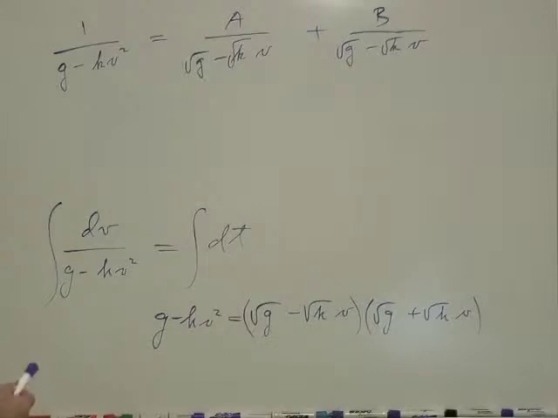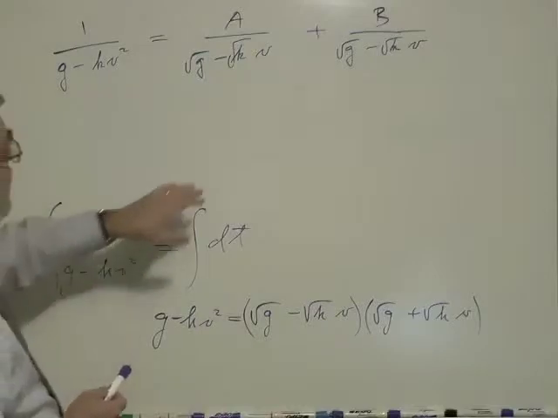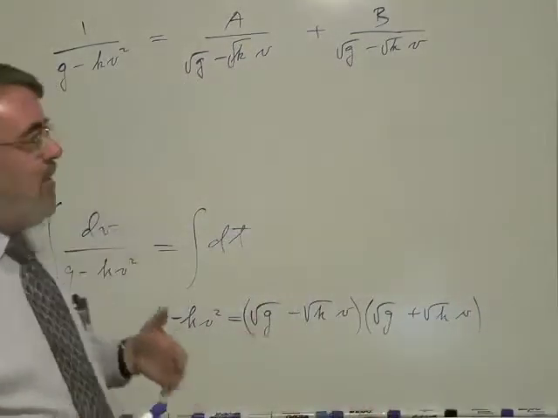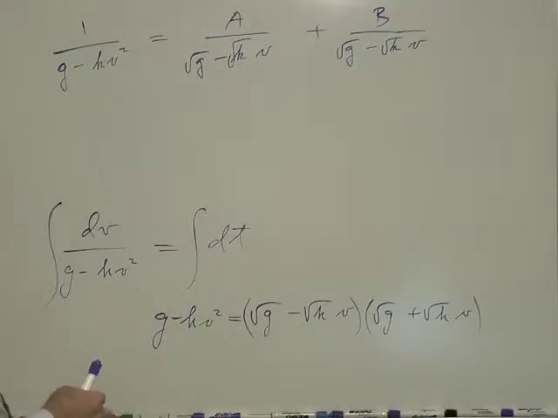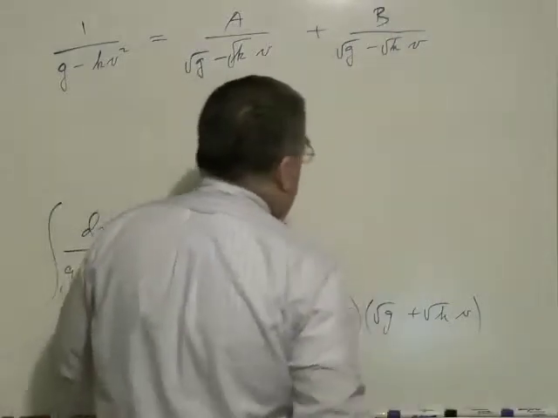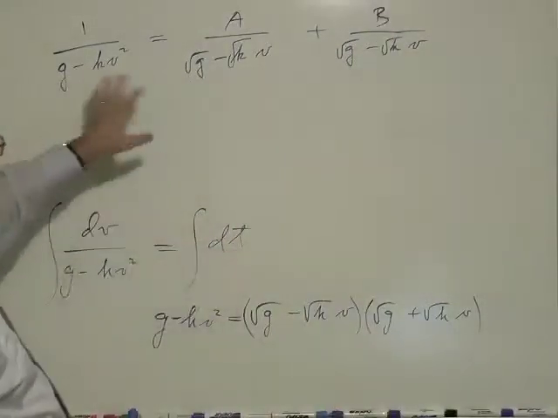With that in mind, I can take this fraction and decompose it into two partial fractions. So this is the integration by partial fractions technique. And here I need to figure out what numbers go up there in order to allow me to split this up.